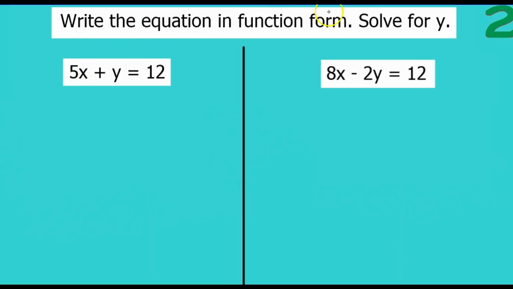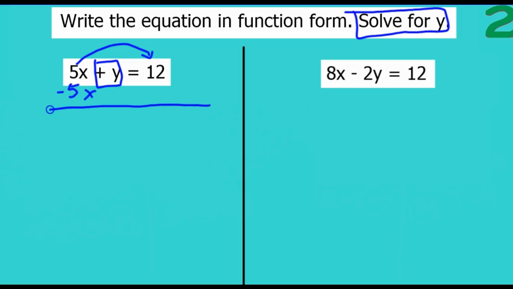Now it says write the equation in function form. So what function form is, remember, is we have to solve for y. So we have to get y all by itself. So I'm going to put a box around my y so I know that that's what I'm doing last. I'm going to move my 5x over to the other side. Now because it's positive, I know I can subtract it to get rid of it.